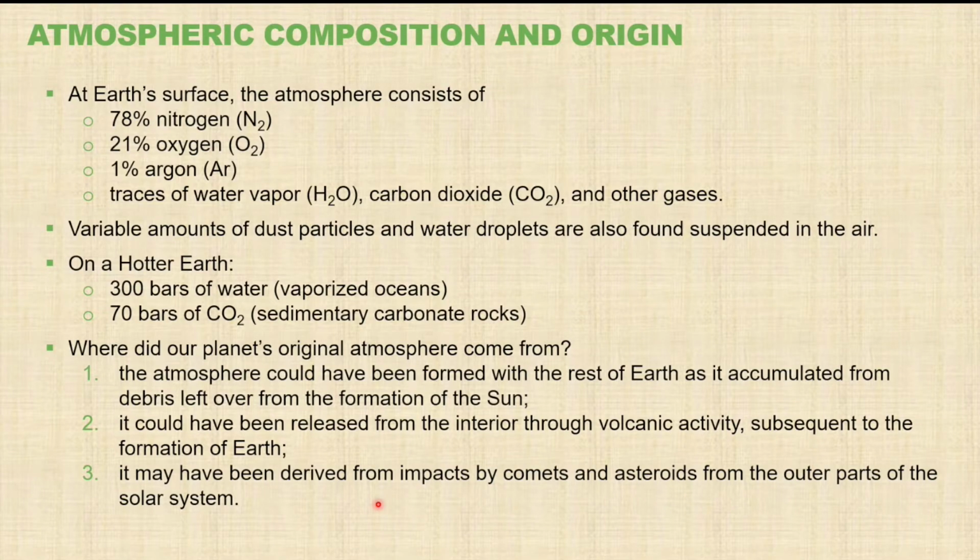And the third one is the comets and asteroids, the continuous bombardment during the prehistoric time, during the early formation stages of the Earth. There were comets, meteorites, and asteroids. As they continually bombarded the Earth's surface, they brought in all these gases and formed the atmosphere.